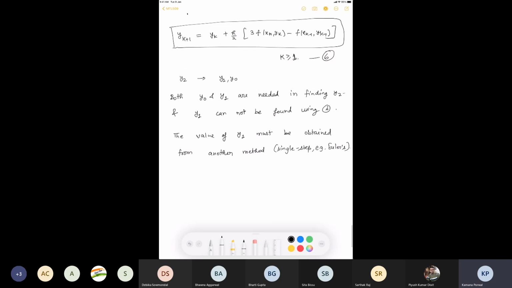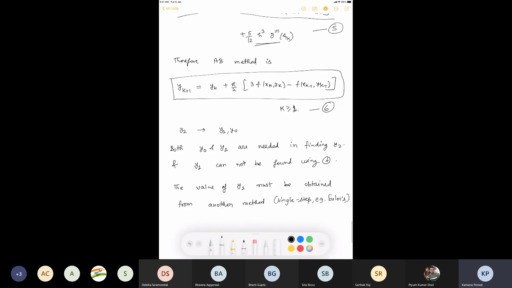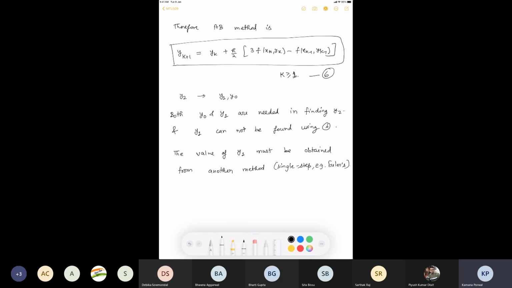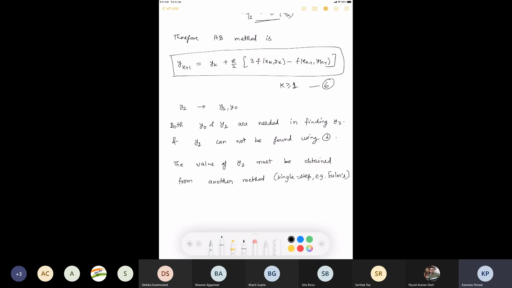Now, if you observe, the truncation error is of order h cube here, right? So the global error is going to be of order h square. You're computing y2 using this method, but y1 you are going to use some other method to find the approximation.